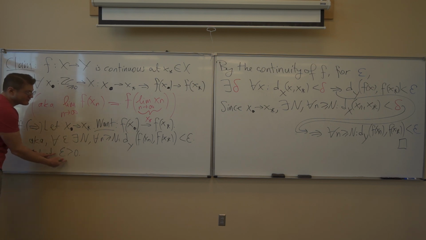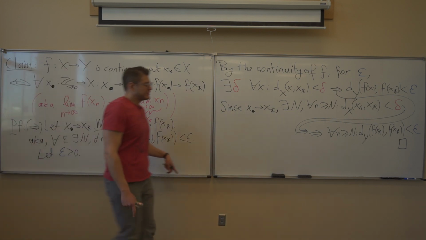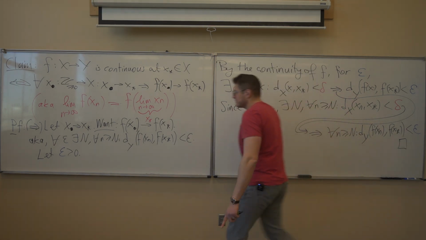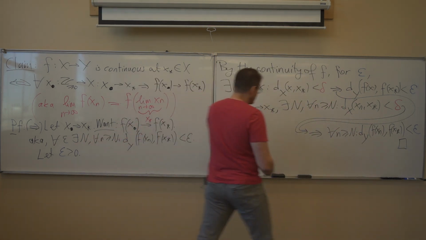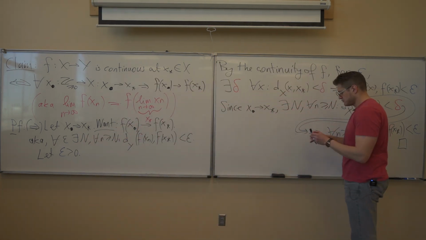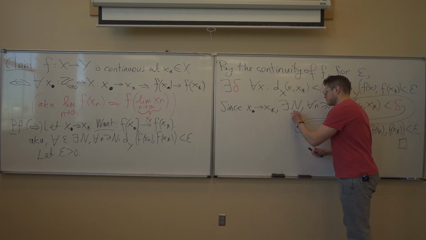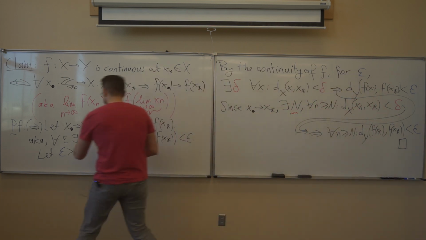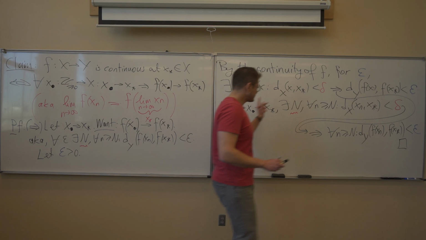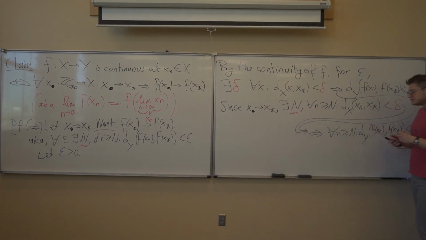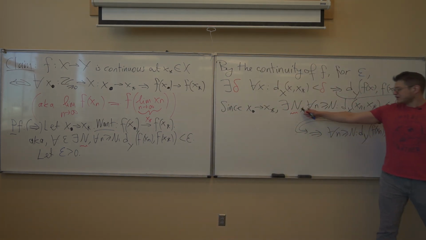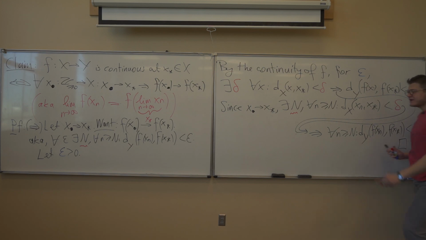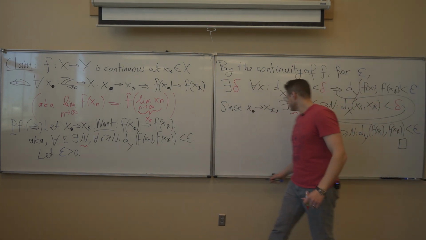I didn't use anything specific about the blueness of the epsilon. For any epsilon, I was able to find a capital N, this N over here that I found. And then I realized, by doing some logical chains, that after this capital N, indeed, what I wanted is true.